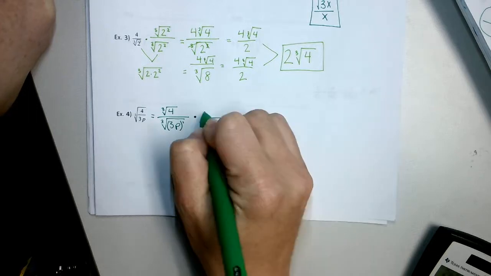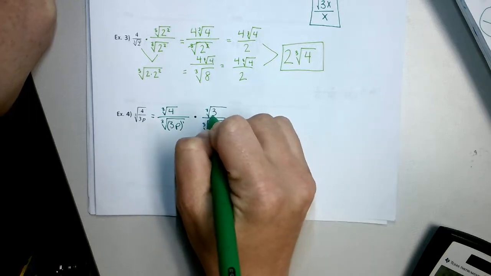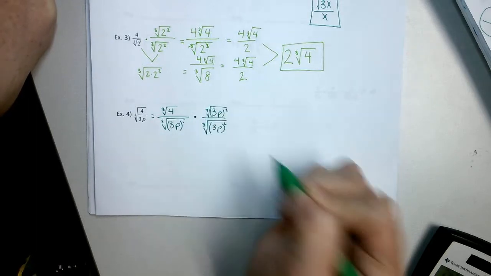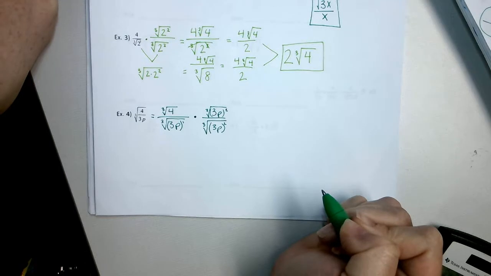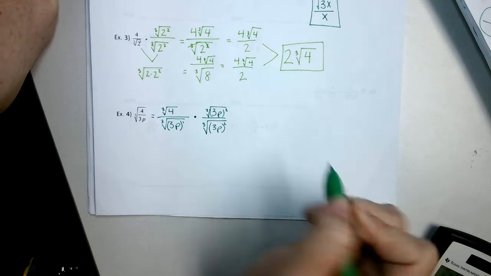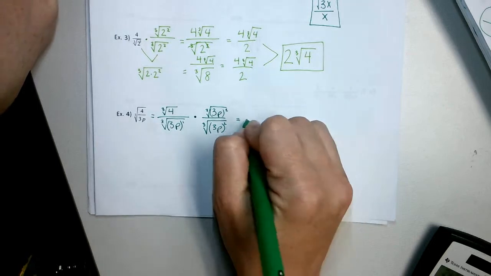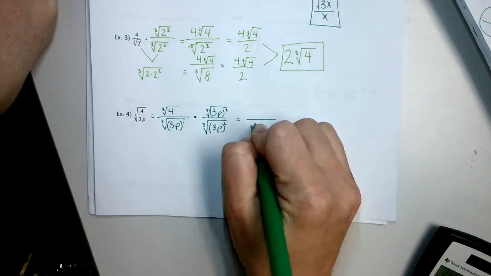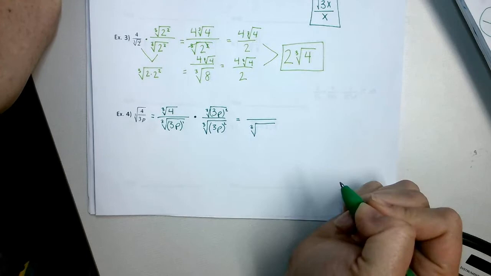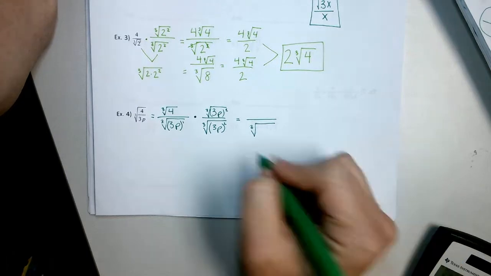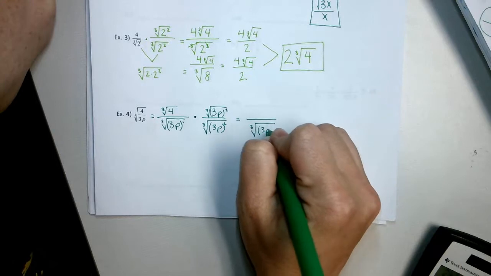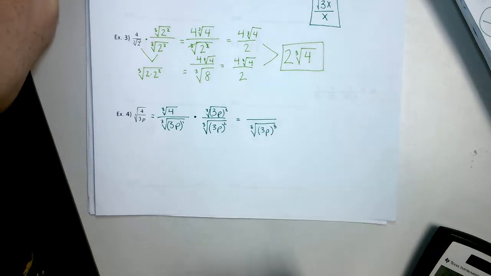What I do to the denominator, I have to do to the top as well. So if I have 3p to the first power here, 3p to the second power here, what does it become? Three p what? Cubed.